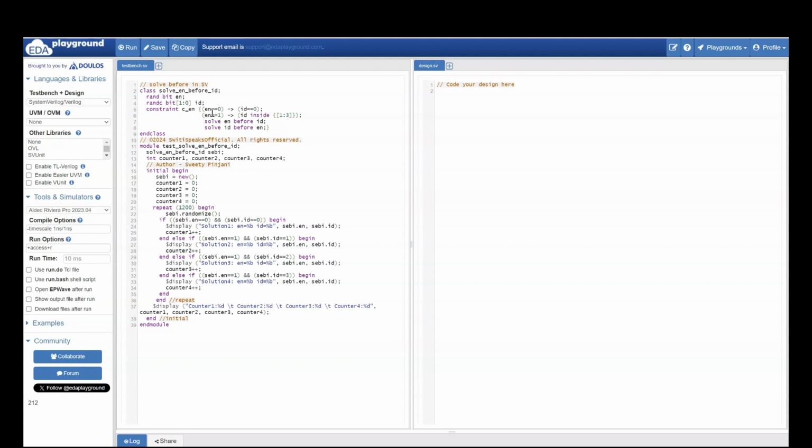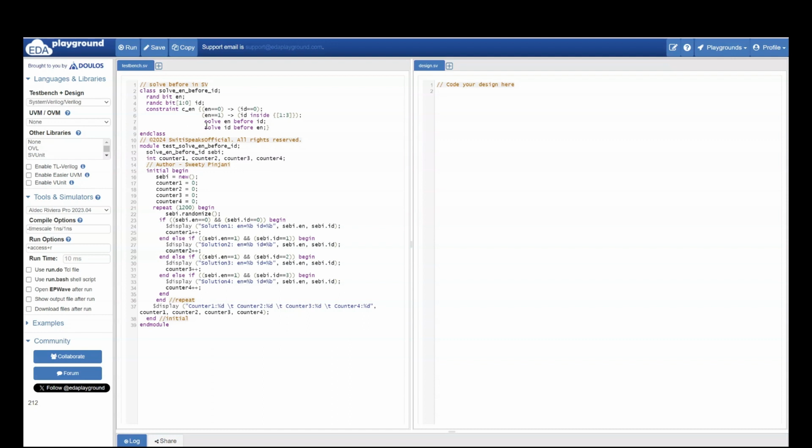And whenever my enable value is 1, the value of my id should be inside 1 and 3. Inside 1 and 3 means it will cover three values 1, 2 and 3. Those values of id will be taken when enable equal to 1.